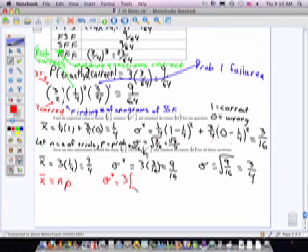So we had our 3. And this 3/16 came from 1/4 times 1 minus a quarter squared, plus 3/4 times 0 minus 1/4 squared.